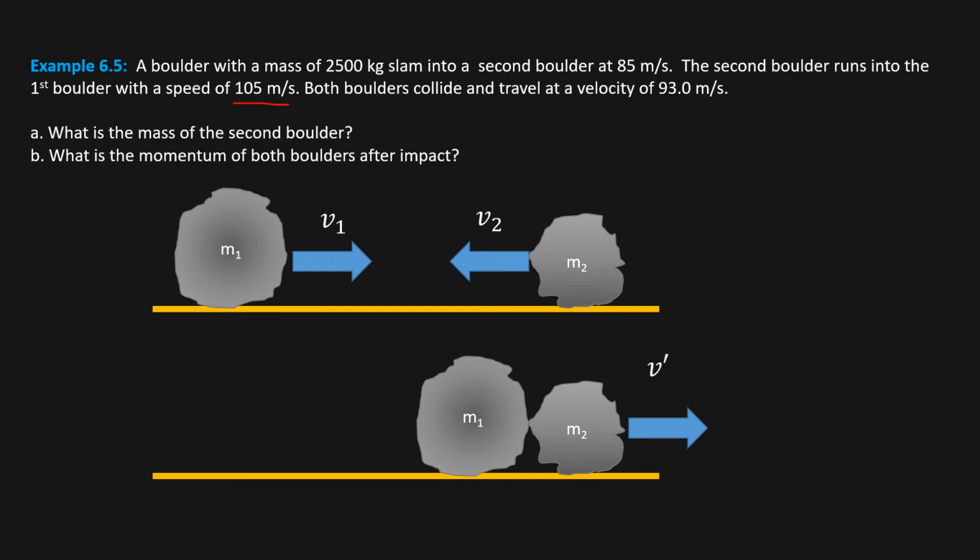In part A, they want us to find the mass of the second boulder, M2. You have the two velocities, and they're going to stick together and move out as one velocity. So what is the mass of the second boulder?